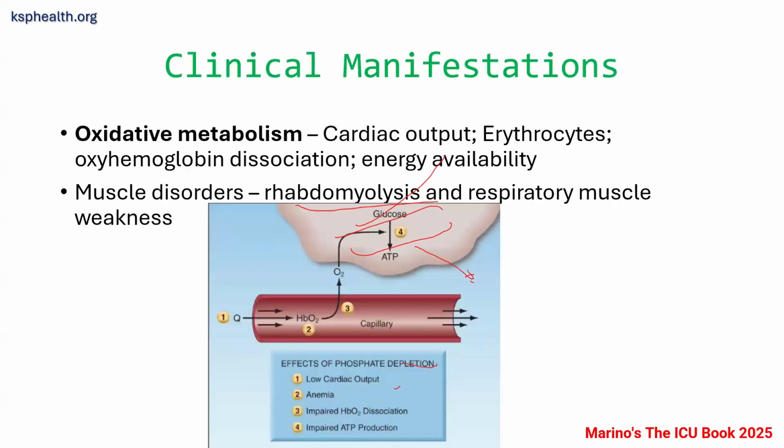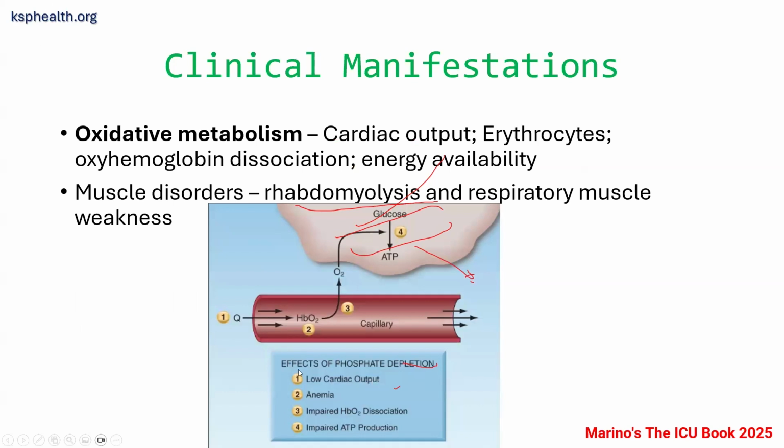It's seen in patients with glucose loading, especially when you start TPN, respiratory alkalosis, physiological stress, sepsis, and phosphate binding agents, all associated with hypophosphatemia.